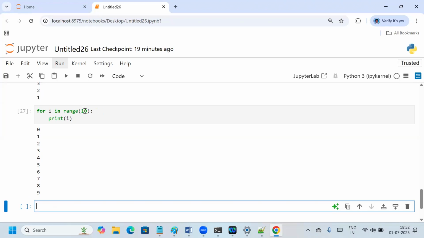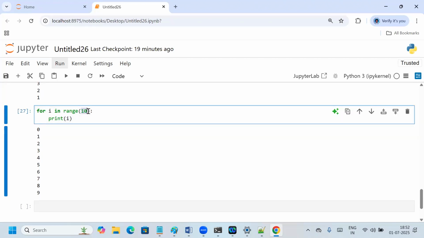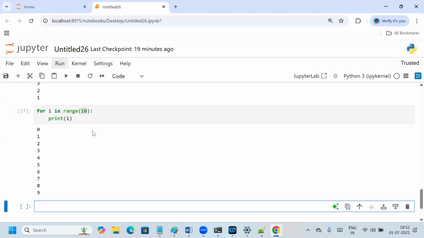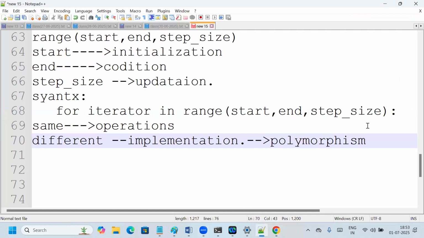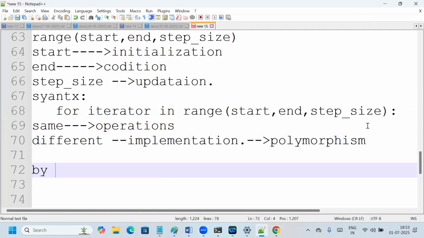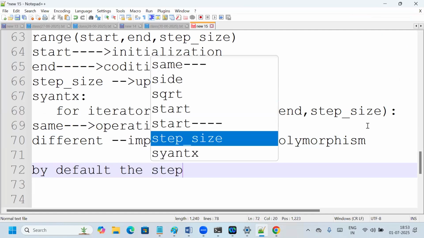If you give a single element, by default it will be considered as the end. And you don't have to specify the step size. If you're not specifying the step size, by default the step size is 1.